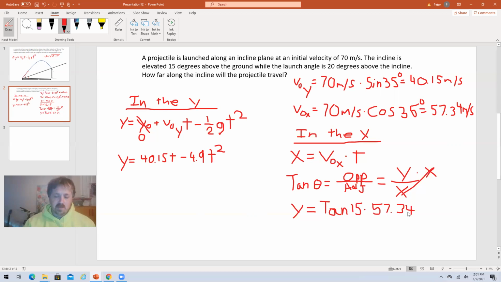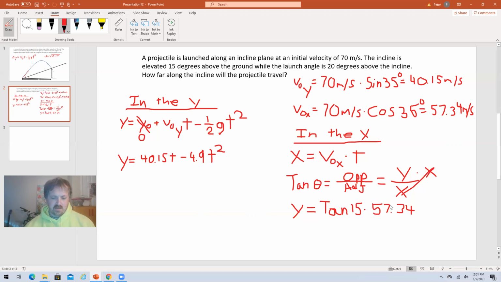Tangent of 15 is some number, and I'm going to multiply the tangent of 15 by 57.34.